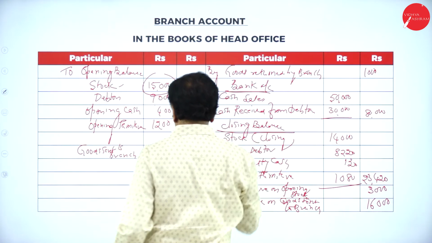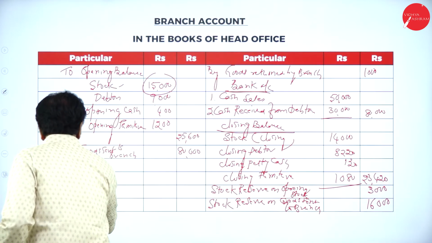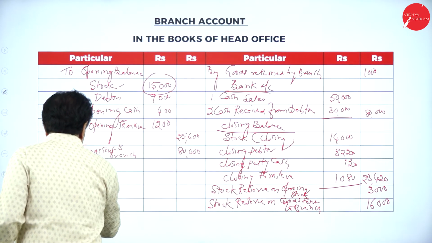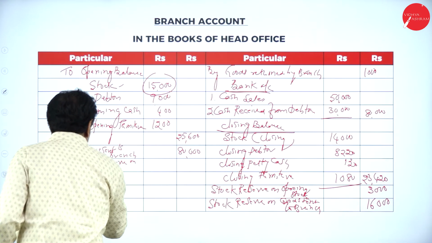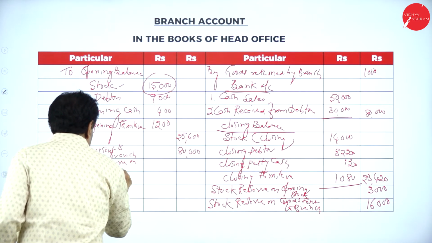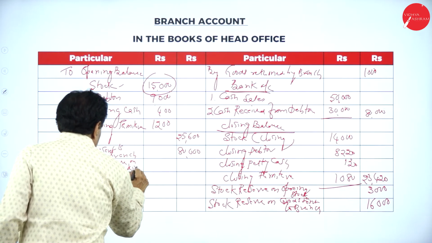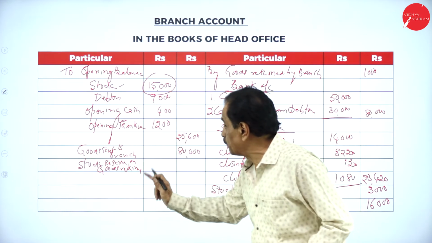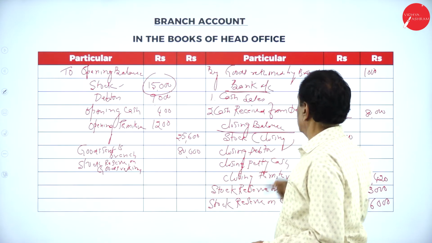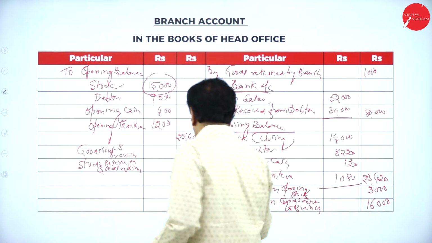Then come back to the debit side. Stock reserve on goods returned. This is the stock reserve on goods returned by the branch. How much goods returned? 1,000. 1 by 5 is 200.